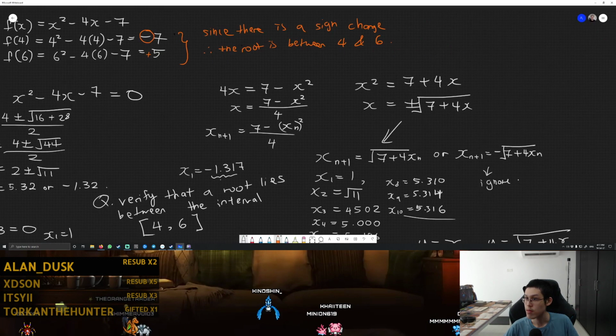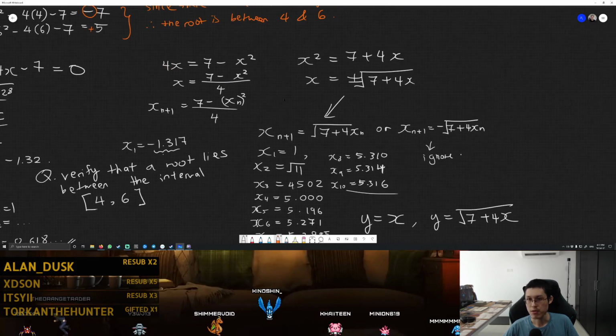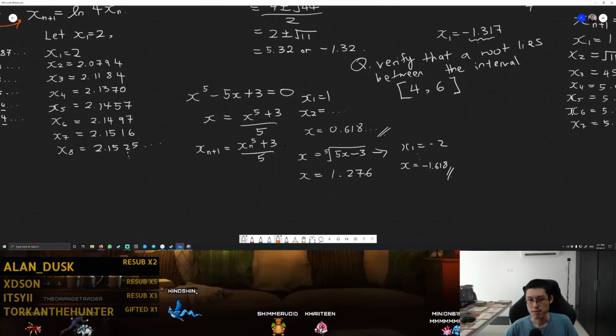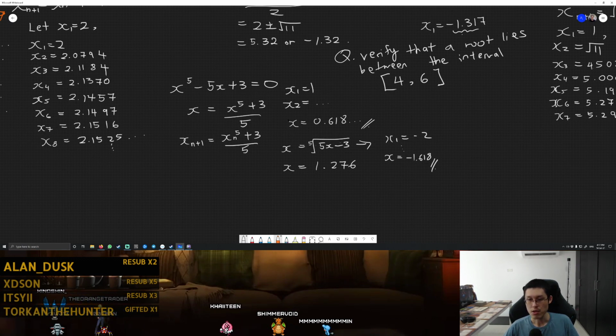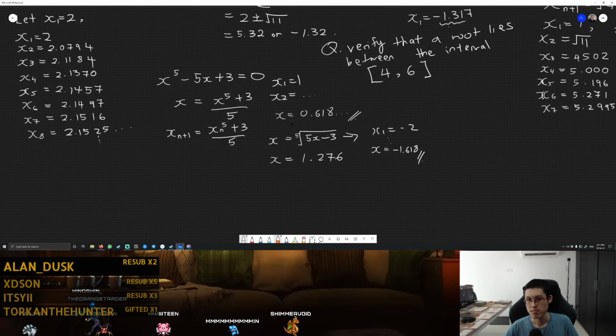Okay? There you go. We can also do the same thing for something like, let's say, this guy here. This is a quintic equation. And let's say the question wants you to verify that the root is between 1 and 2. Or maybe the root is between negative 1 and negative 2.